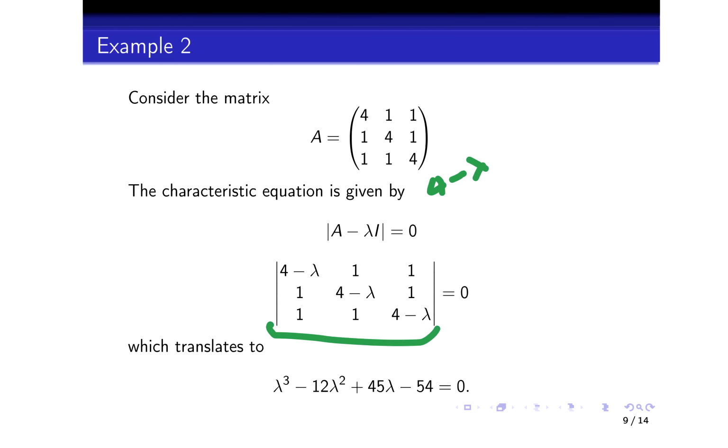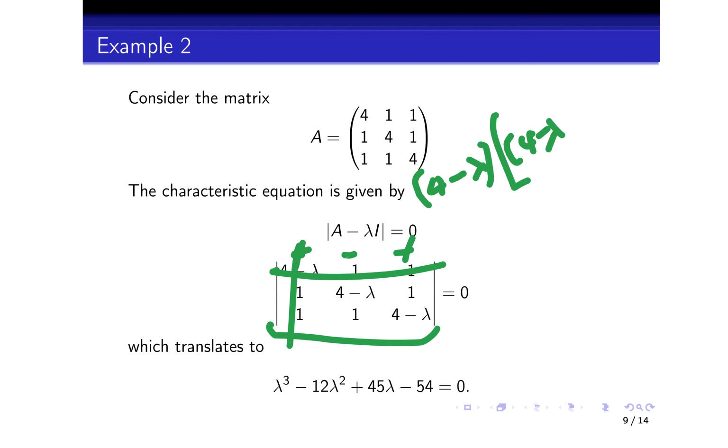So you have 4 minus lambda into, when you cross this column and cross this row, you have 4 minus lambda times 4 minus lambda. That's like 4 minus lambda squared. Then minus 1 times 1. That's 1. And the next thing is minus 1.